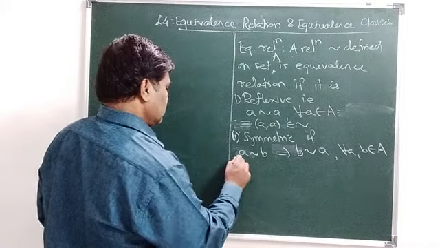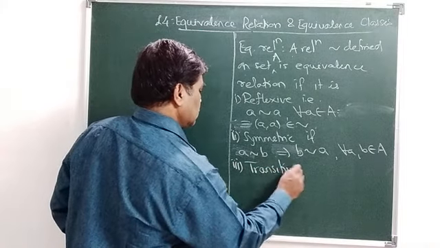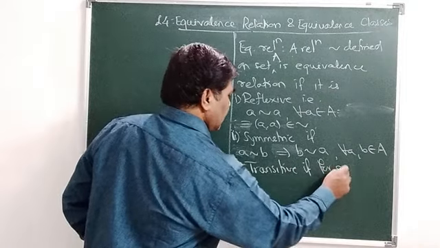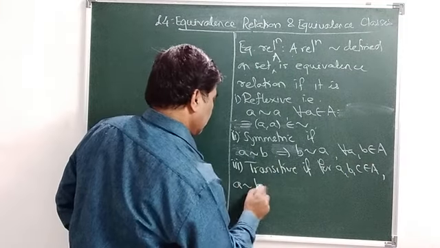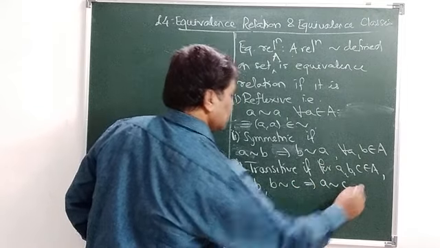Third, transitive: if for a, b, c belongs to A, a is related to b and b is related to c implies a must be related to c.